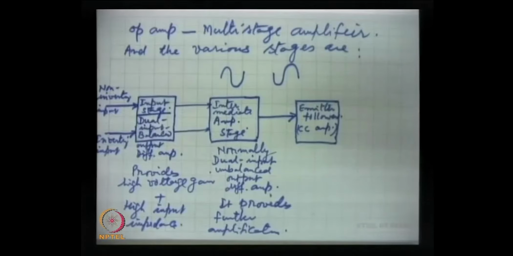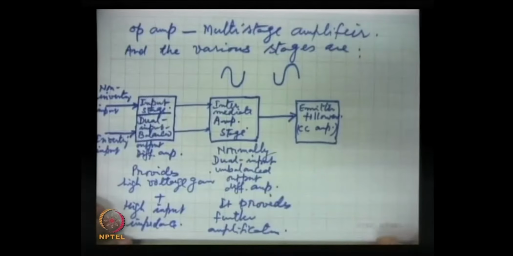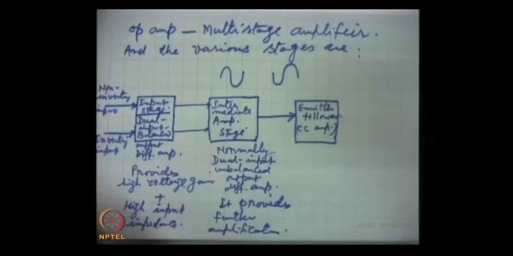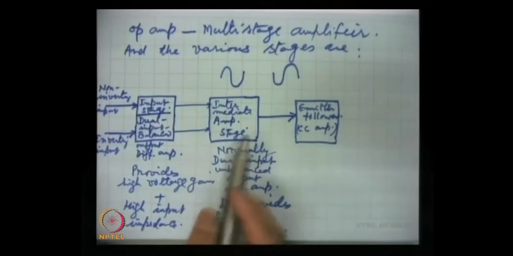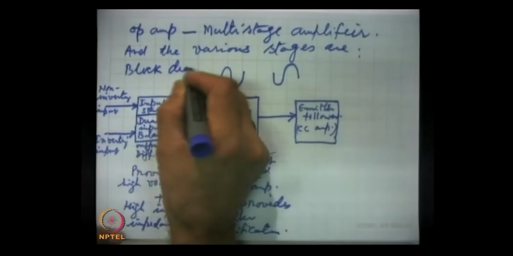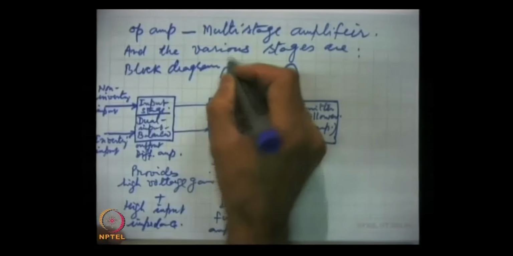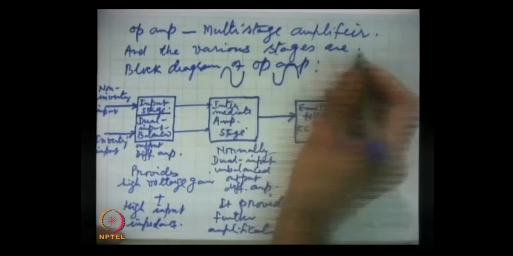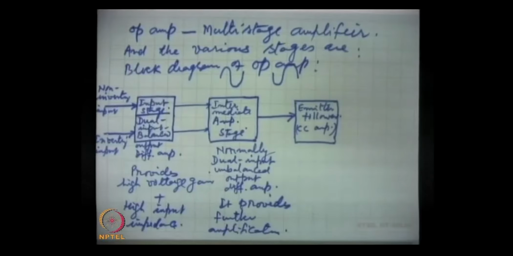And what does it do? Because all this we are talking about is the block diagram, this is the block diagram of the op-amp. The various stages of the op-amp are these.